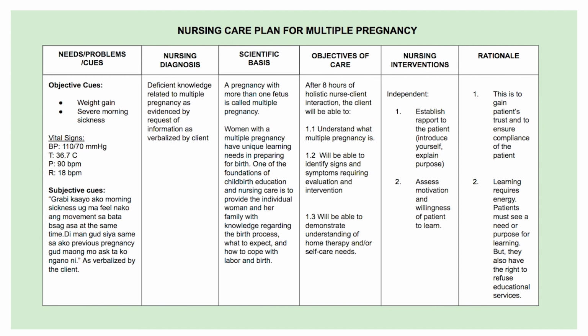Learning requires energy, so the patient must see a need or purpose for learning, but they also have the right to refuse educational services. The patient really has the right to refuse if she wants to, but to encourage the patient, you can also explain further the methods and their benefits and advantages.